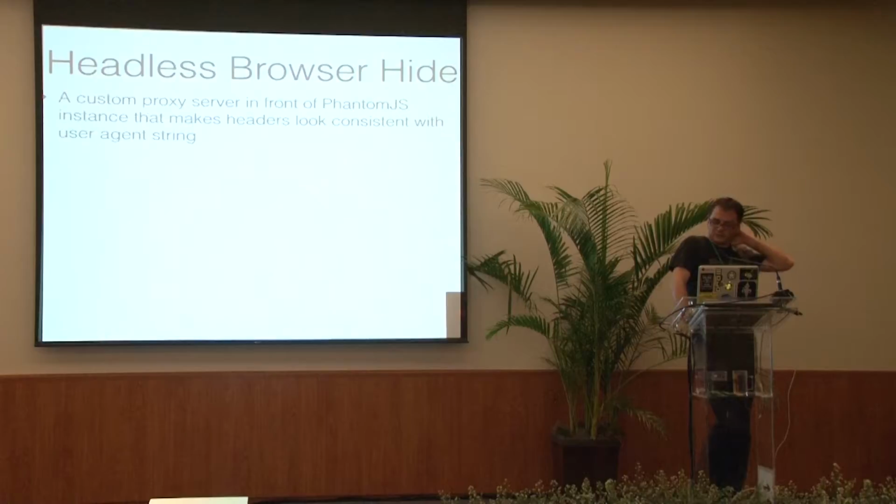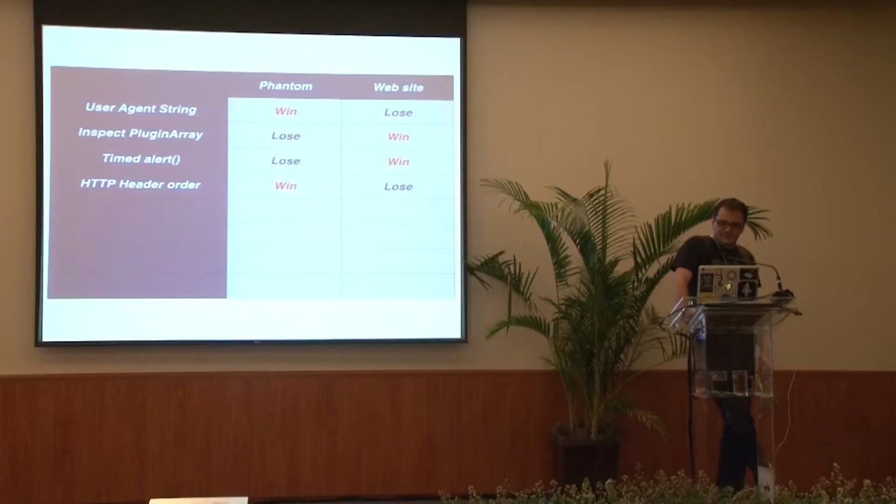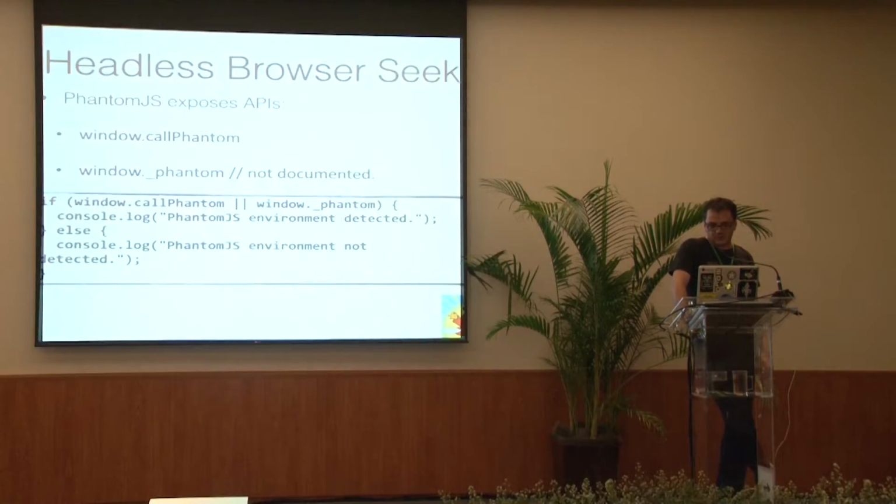Like if your PhantomJS is running on some victim's machine where you have limited control, putting another server, a proxy server in this case, might not be that easy. So we could say that probably PhantomJS wins in this detection technique.